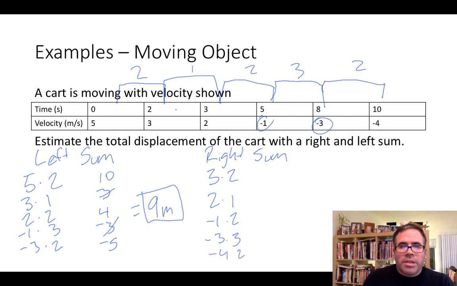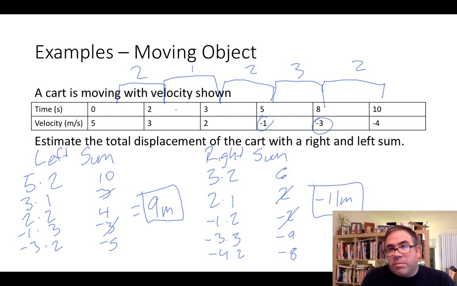Do our multiplications: 6, 2, negative 2, negative 9, negative 8. This becomes a lot more negative. So negative 11. Again, meters of displacement. Kind of one and the other, but it's the best we have with our data.